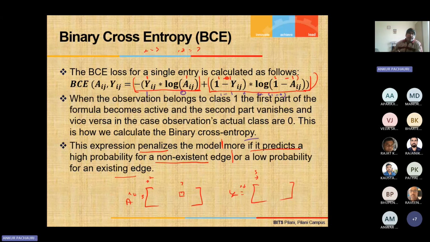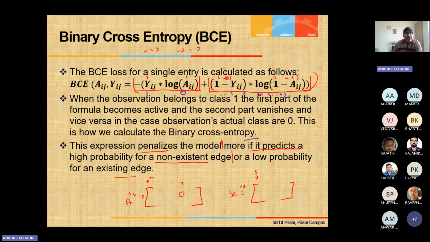Now suppose Yij is equal to 1. In that case, one term will be 1 and the other will be 0.